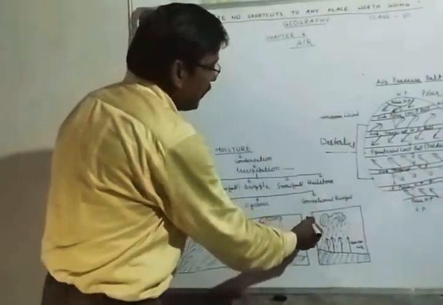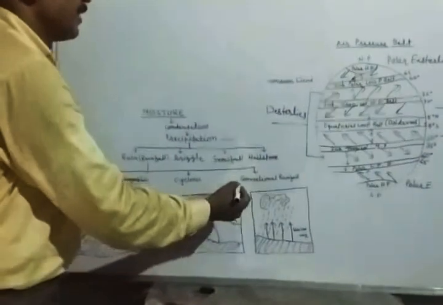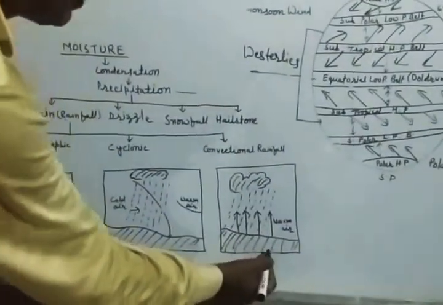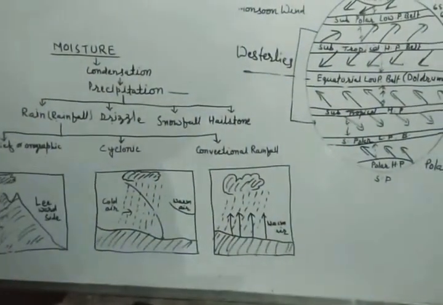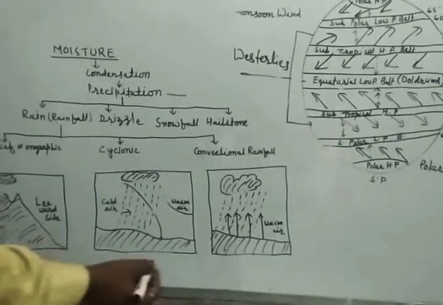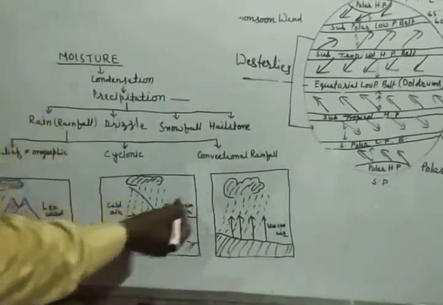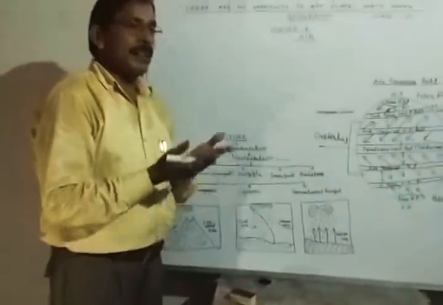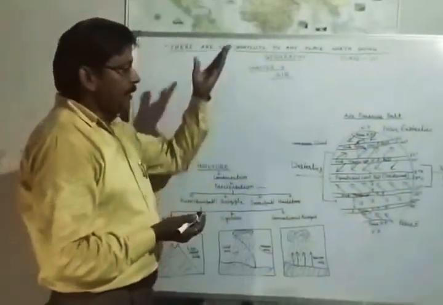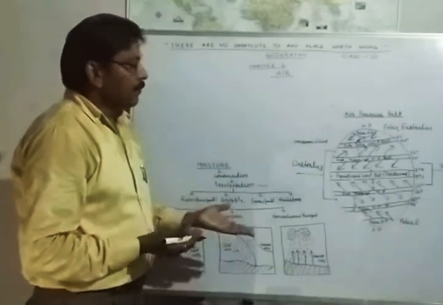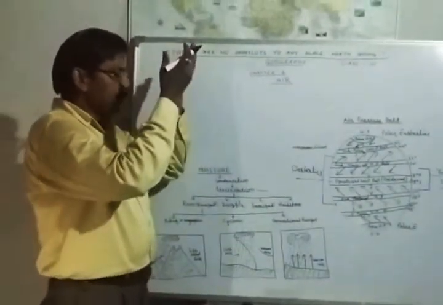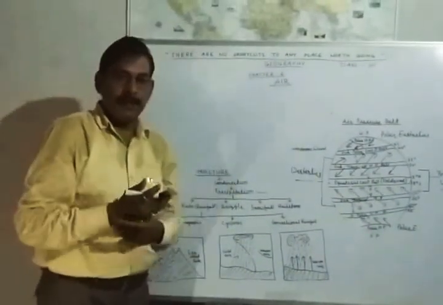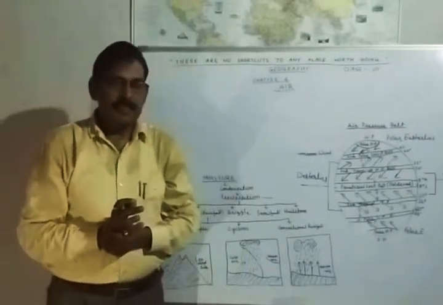Now my last type of rain is convectional rainfall. This convectional rainfall occurs in the equatorial region. Basically in the equatorial region there is a convectional current, and due to the convectional current moisture rises up, and as more and more moisture rises in the atmosphere, it starts condensing.